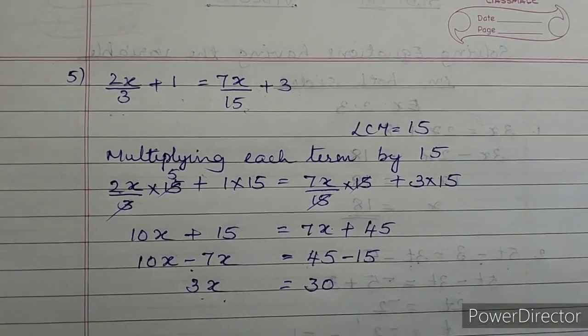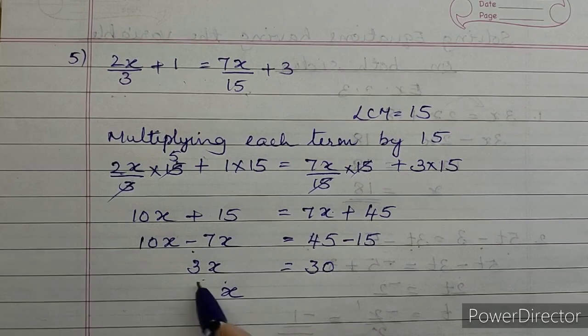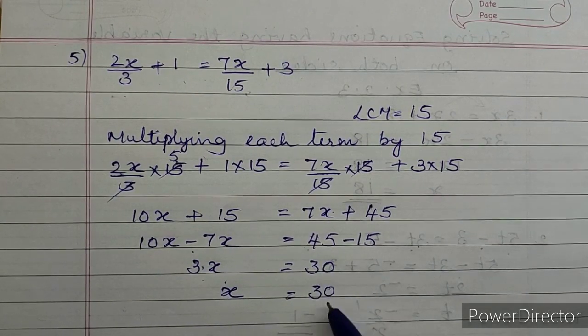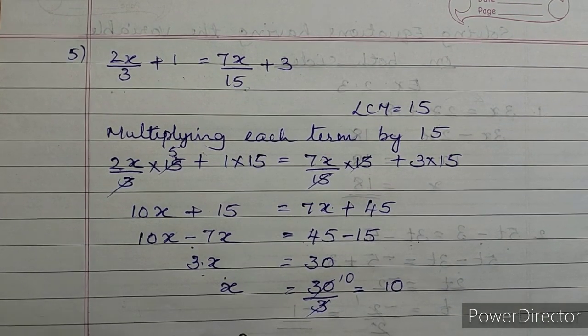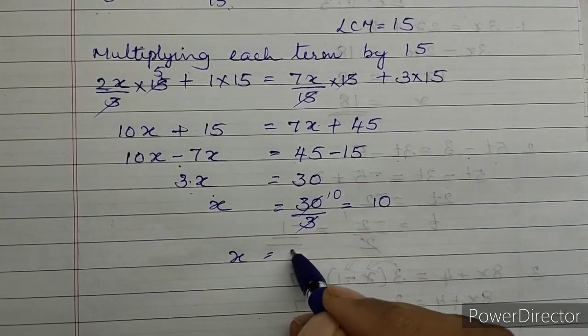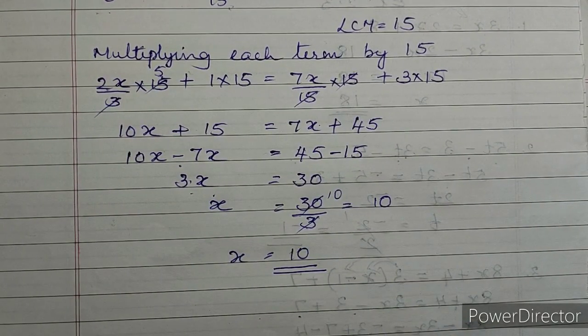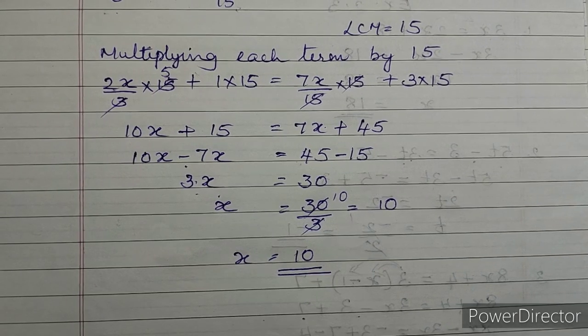So 3x is equal to 30. Now x you have to find. Here it is multiplication, so transposing it to the other side, it will change to division. 30 by 3 is 10. So x is equal to 10. That is the solution of this given linear equation.